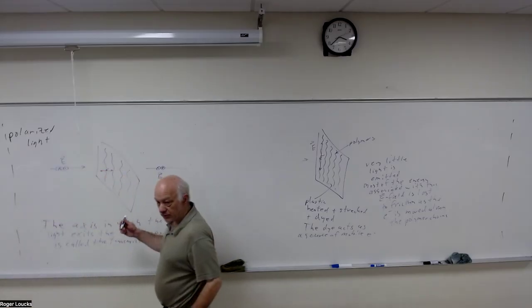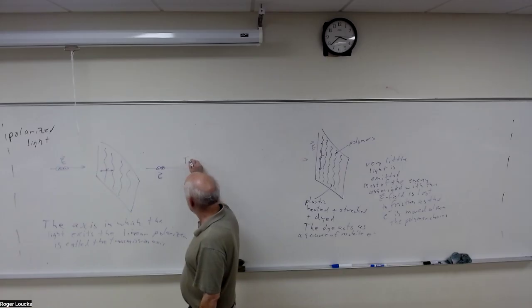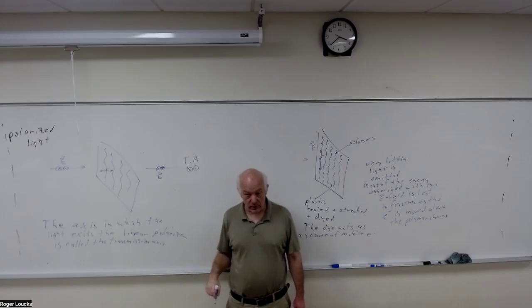So in this case here, the transmission axis would be this direction here, like that, because that's allowing light to go through.